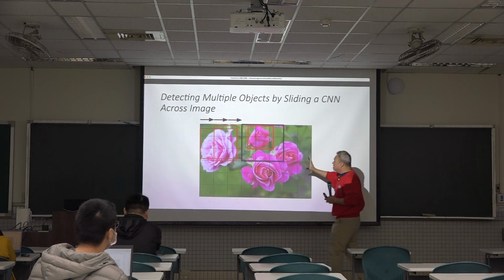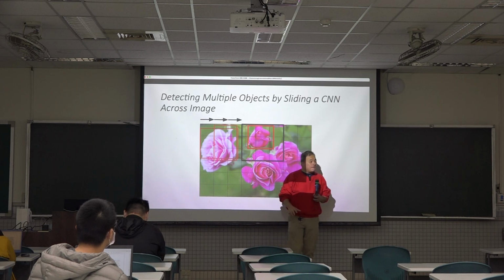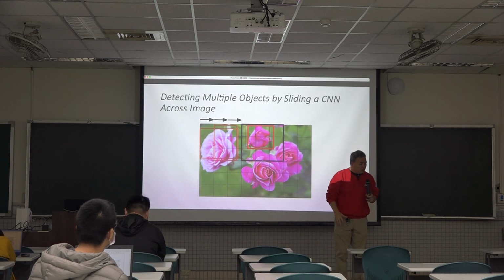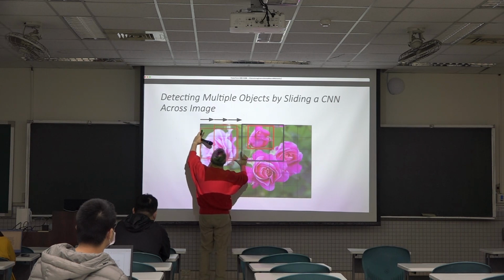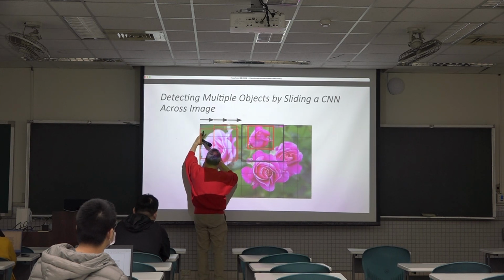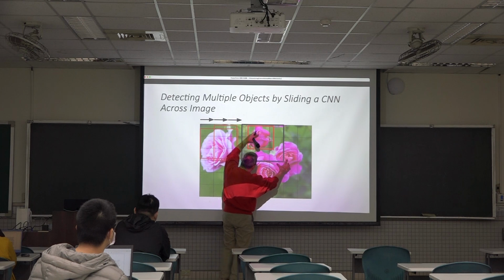Our model each time takes a 3 by 3 grid as input, to identify if there's any object in this particular small area, and then we slide it. We slide this 3 by 3 input one grid to the right, and one grid to the right, and so on.